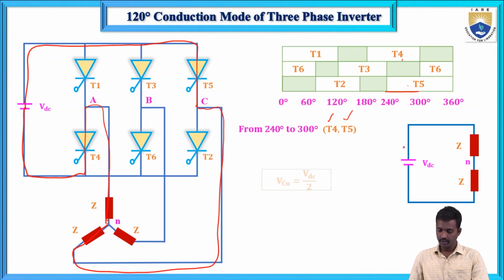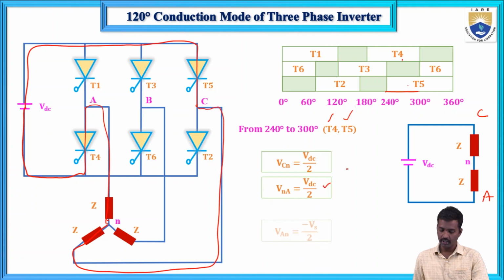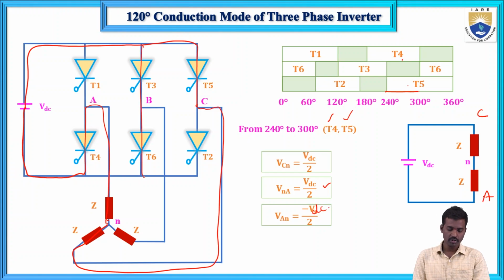Now here same voltage division rule. This is C and this is A. So VCN is VDC by 2, VAN equals minus VDC by 2. And what about VBN? VBN equals 0.